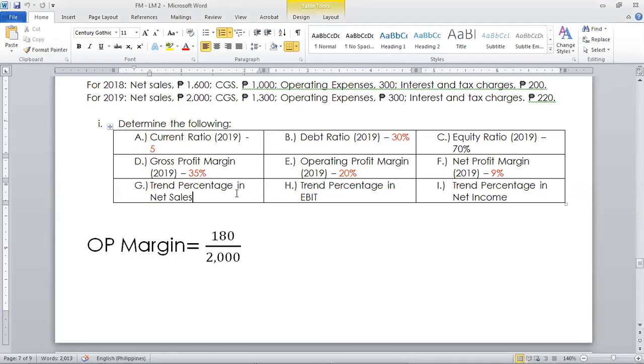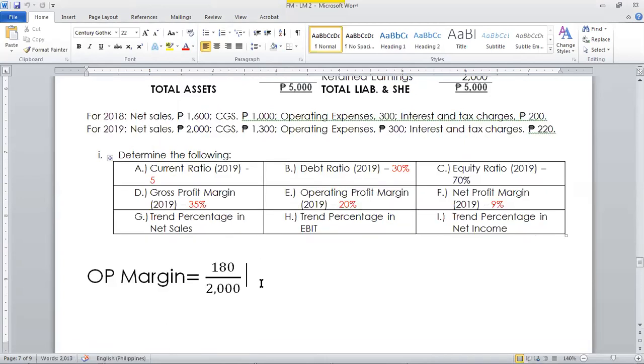Okay, for the trend percentage in net sales, this is what we call the horizontal analysis, because as we discussed yesterday, horizontal analysis involves two different periods that we are going to compare.